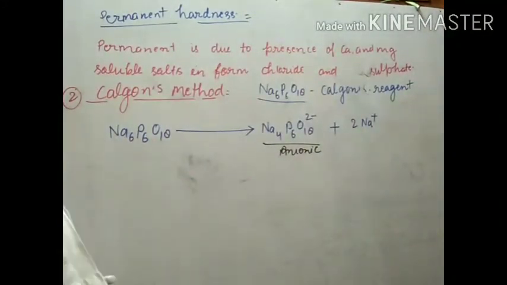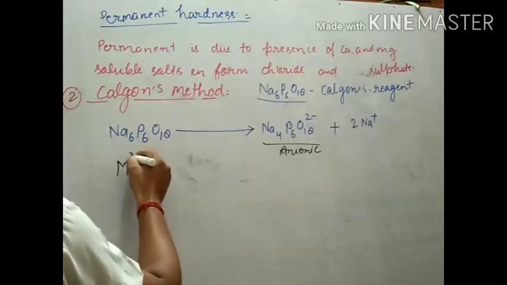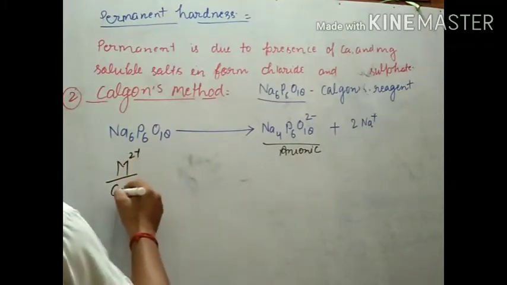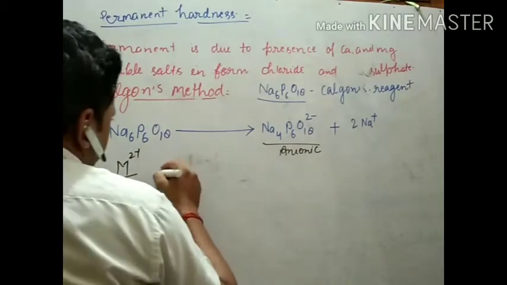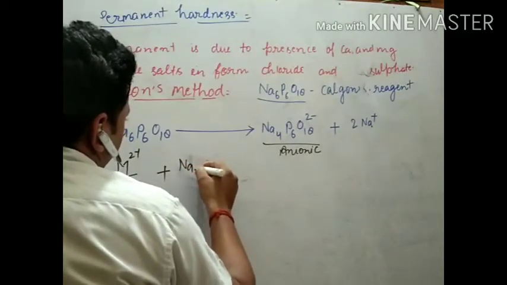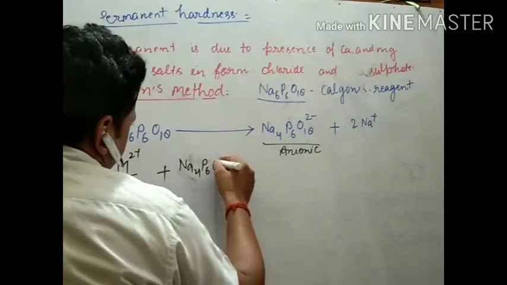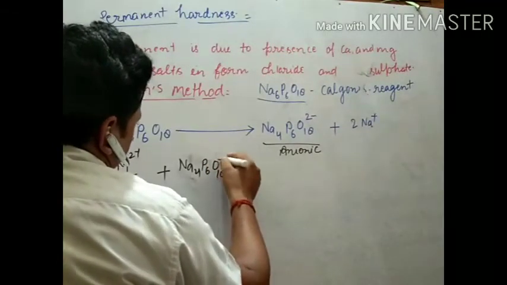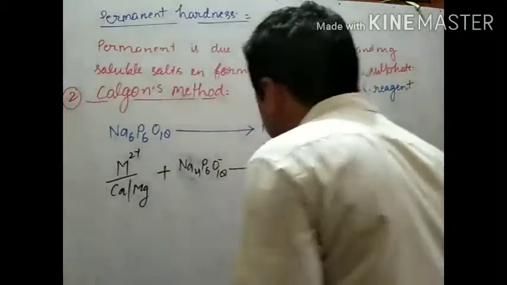So this anionic part reacts with calcium or magnesium ion to form a complex. It forms a complex like this.